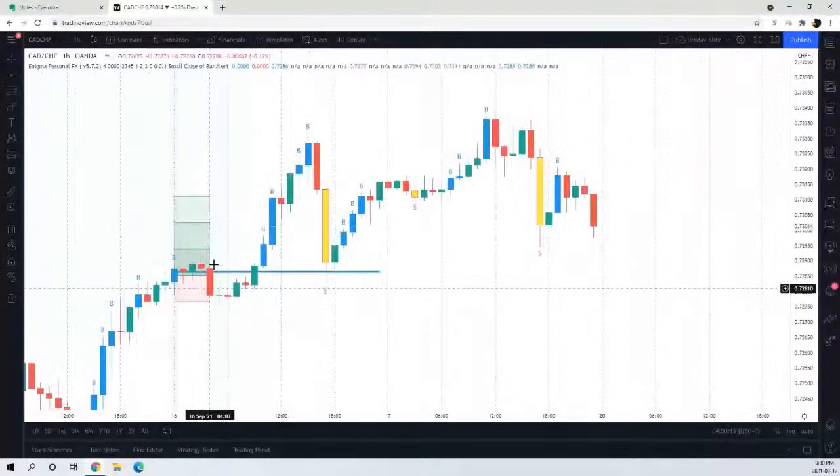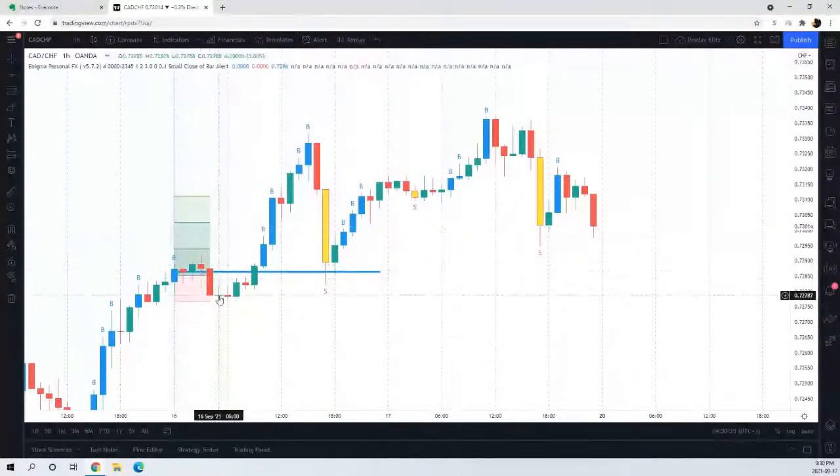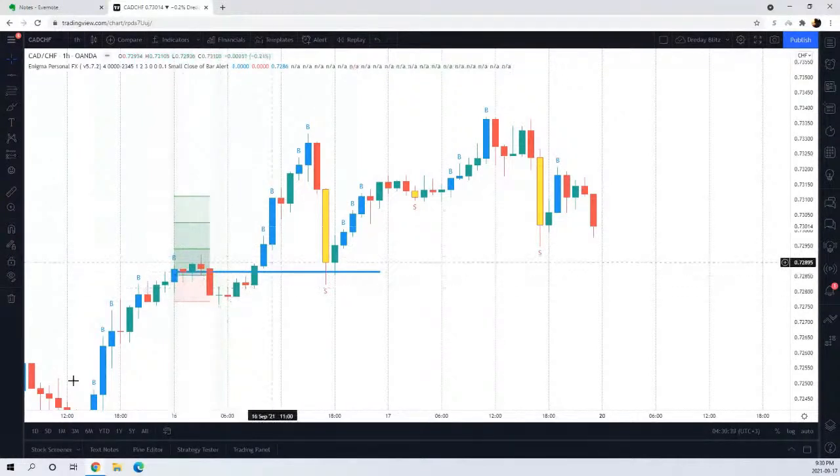but even though, let's say you took it, and you see it went back to your entry, the entry zone of the alert, even though the alert is given to you at that specific time, you could still look at the market. Me personally, I wouldn't take it because of this.